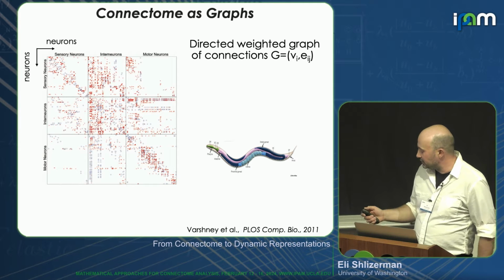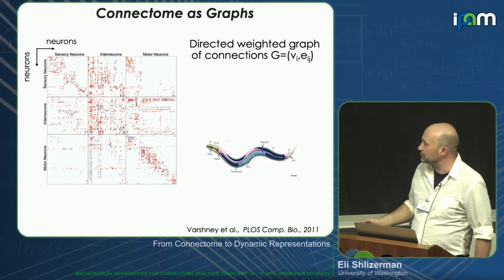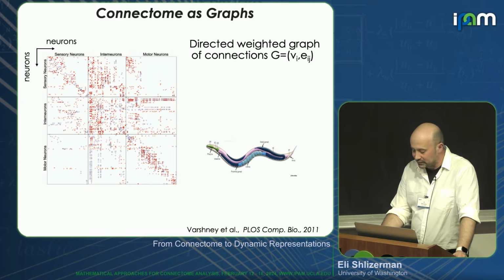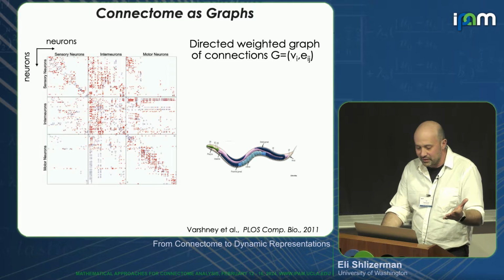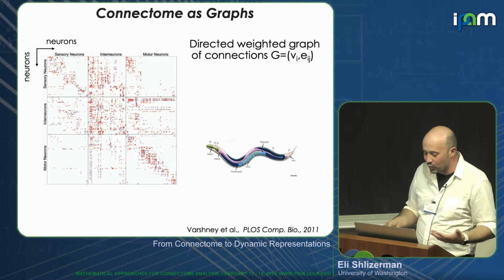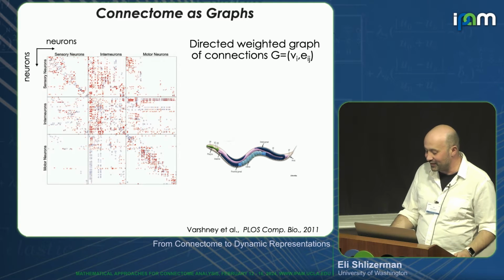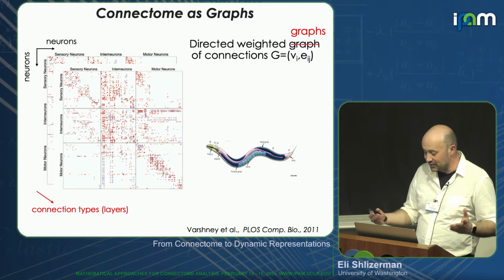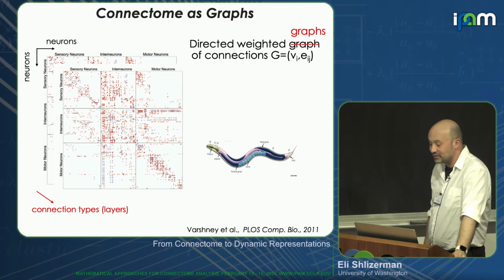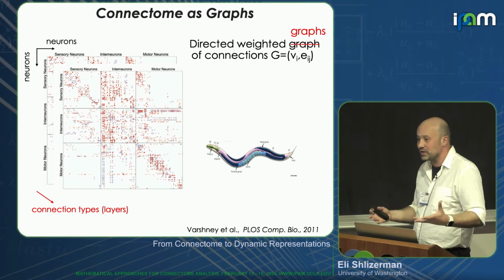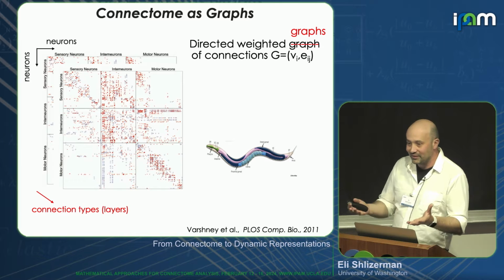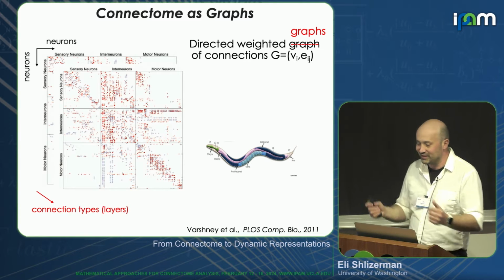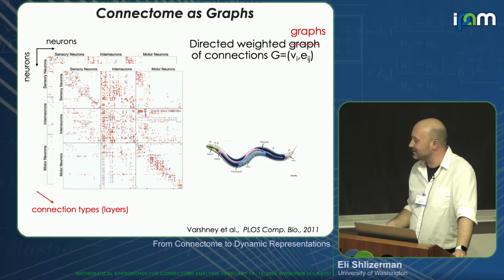And this is indeed a first step to look at it. But we already see by this coloring that it includes more than just a single graph. First of all, it's a directed, weighted set of graphs. Per each connection type, we can think of another matrix joining here.